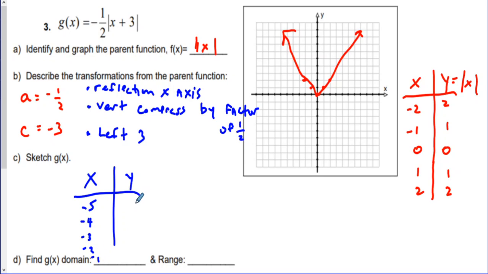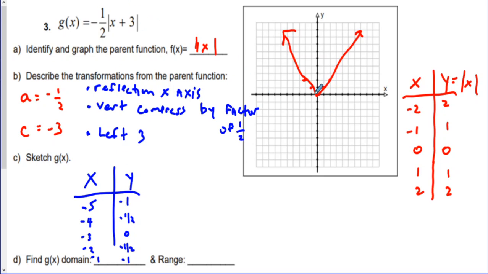And then my y side, I'm going to multiply all of those by -1/2. So if I do that, I'm going to end up with -1, -1/2, 0, -1/2 again, and -1 again. So that's going to be my transformed chart that represents g of x.